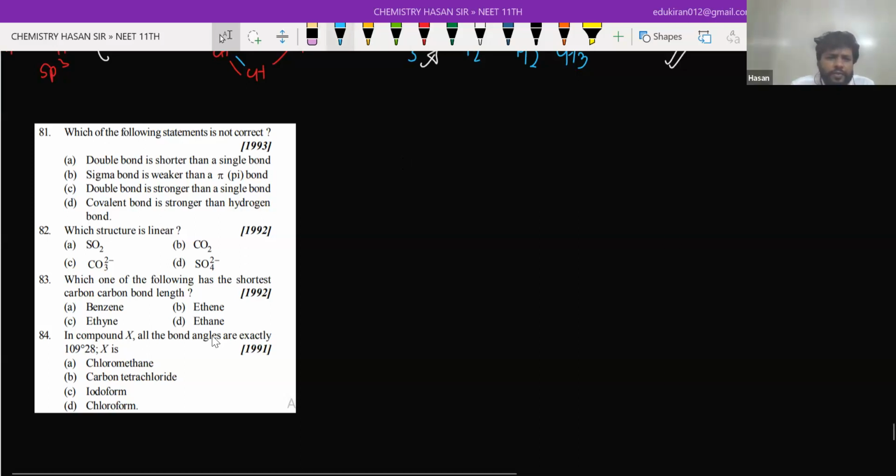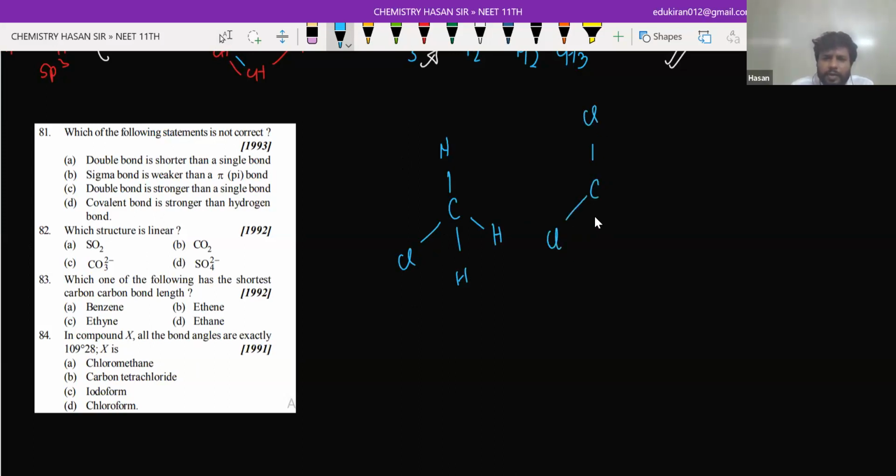So very simple it is. If you are going to see chloromethane, three hydrogens will be there and one chlorine. Then carbon tetrachloride, iodoform CHI3, chloroform CHCl3.